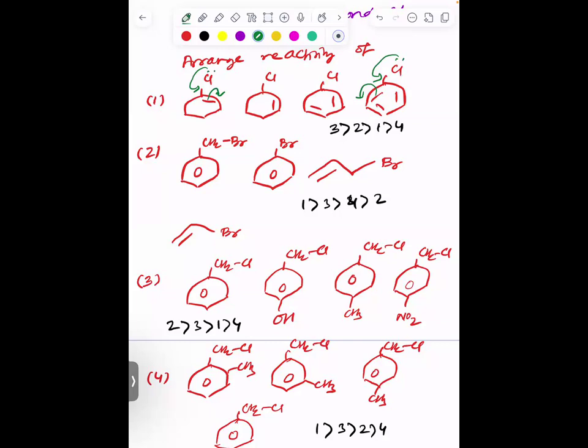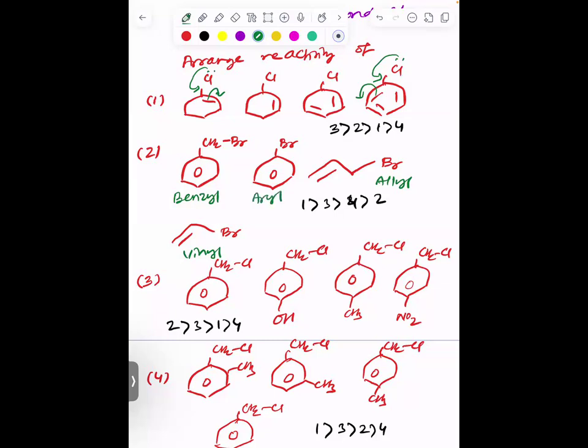Question number 2: first is benzyl carbocation. Benzyl carbocation is stabilized by resonance. Then vinyl, this is allyl, this is benzyl, and this is haloalkene, aryl or haloalkene.